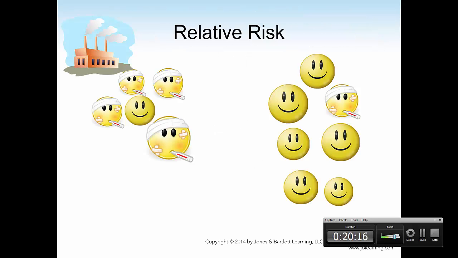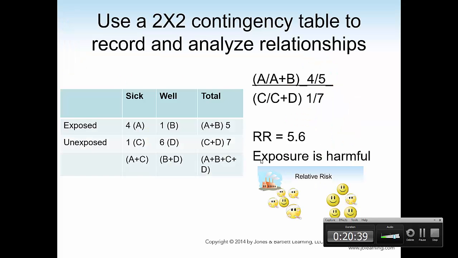So I've been busy. Google Images. Here we have a population, and here we have some exposed, some unexposed. So these guys are exposed to some kind of factory, maybe a possible toxicant. We don't know. So let's calculate relative risk in this particular population.